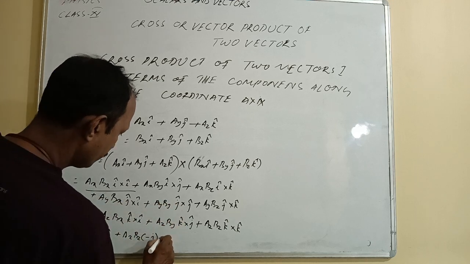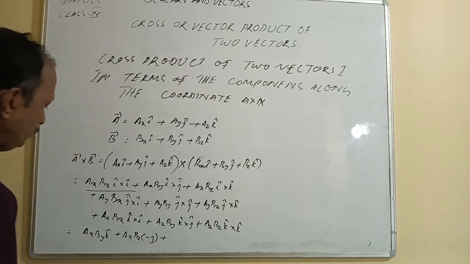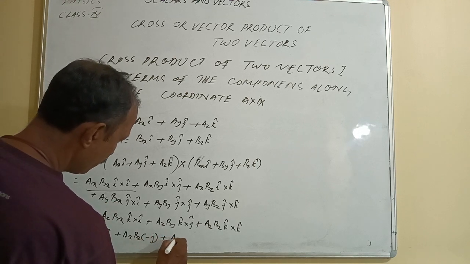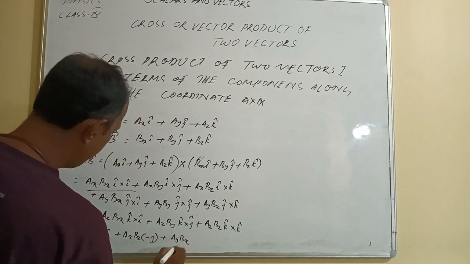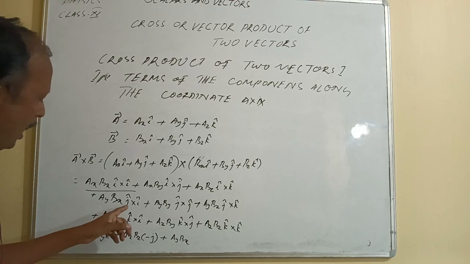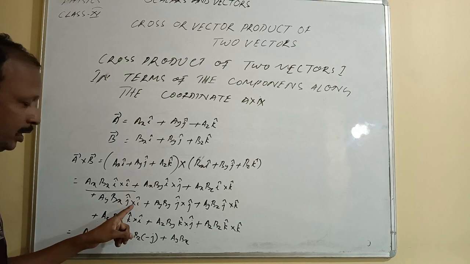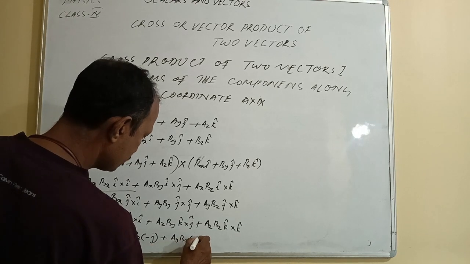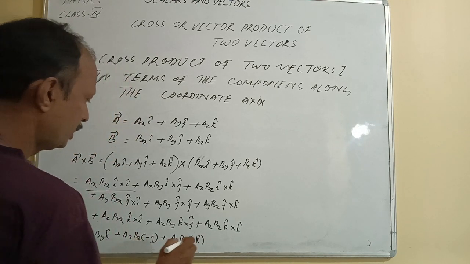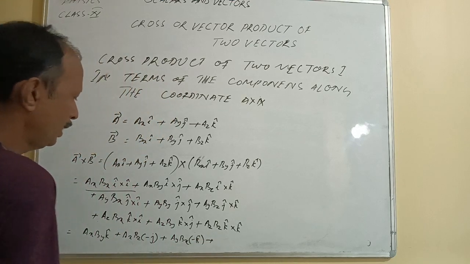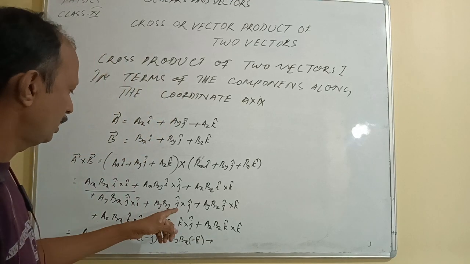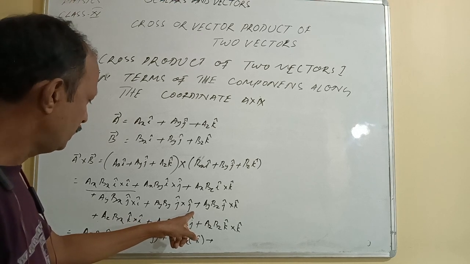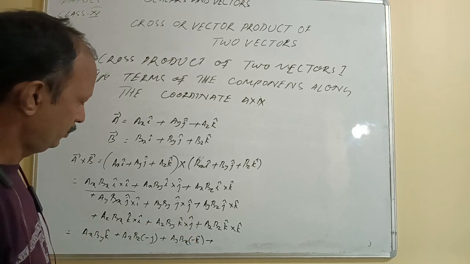Second line, come on. Now you see here, AY BX. In place of I cross J, here J cross I is written. That means this is minus K, plus here J cross J, definitely this is 0.